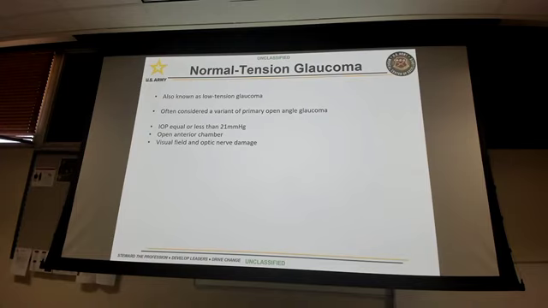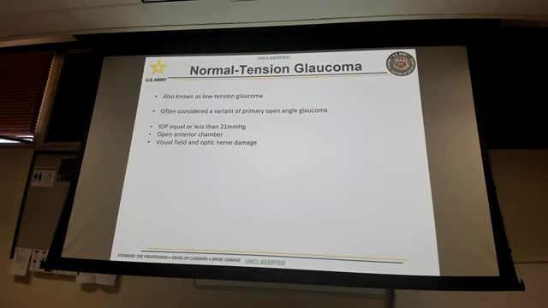So another type of glaucoma that's still well within that open angle category is normal tension glaucoma, also known as low tension glaucoma. This is where the patient has a normal range IOP, so less than 21 millimeters of mercury. They also have that open angle, but they are still experiencing visual field loss and optic nerve damage.